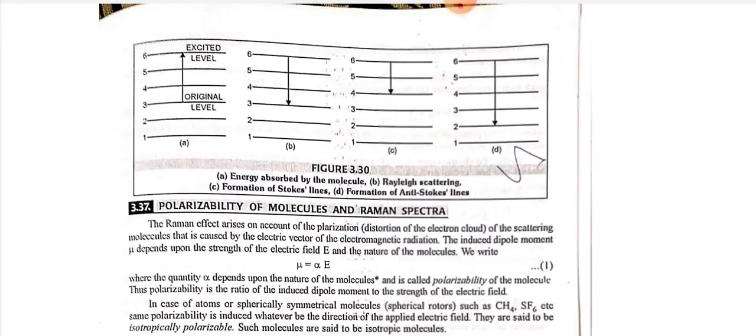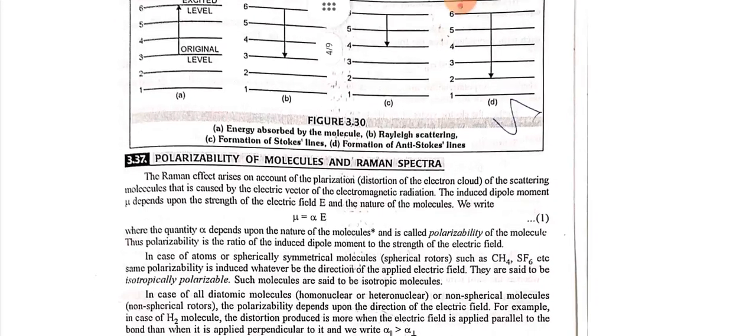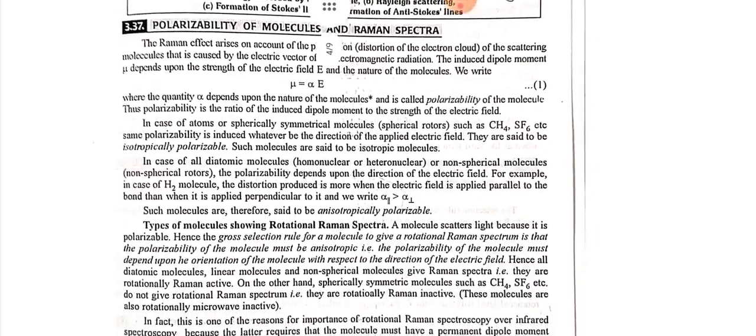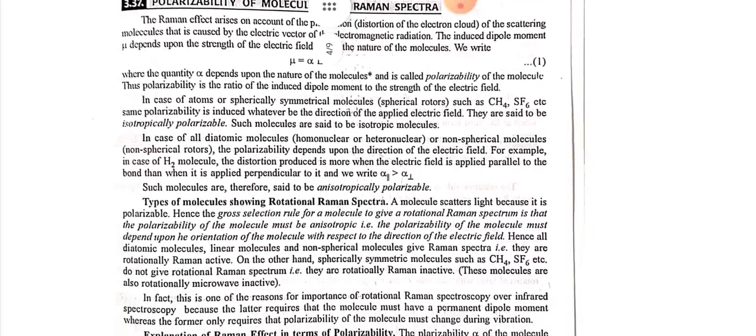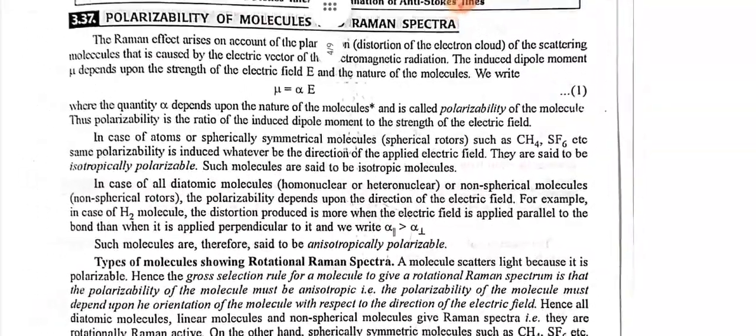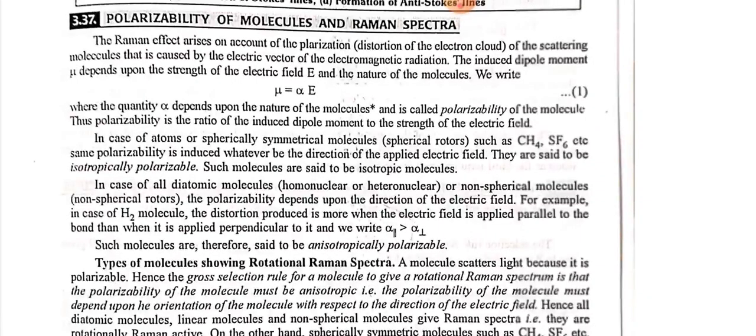Section number 3.37, polarizability of a molecule and Raman spectra. The Raman effect arises on account of the polarizability, the distortion of the electron cloud of the scattering molecule caused by the electric vector of electromagnetic radiation.